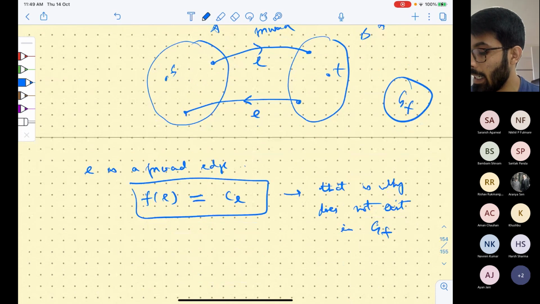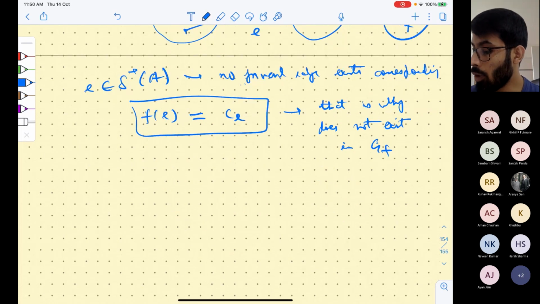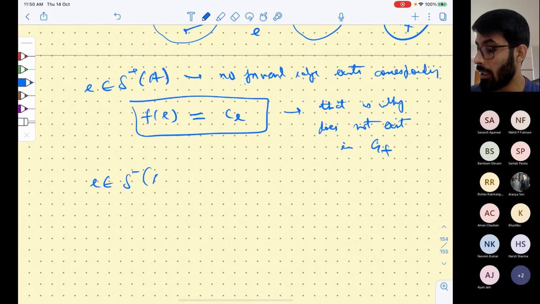So if E is an edge, let's say that E belongs to delta plus A. Now suppose E belongs to delta minus A.